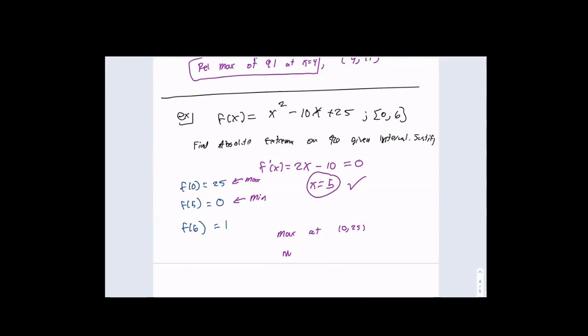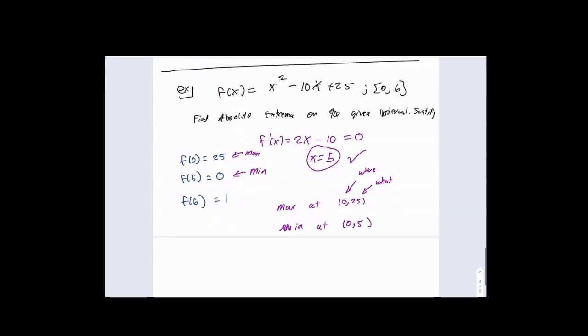And then I have the min at 5, 0. Now, sometimes the question asks you for where. Sometimes the question only asks you for what. Sometimes it asks you for the coordinate. So if it says what is the absolute maximum, the absolute maximum is 25.